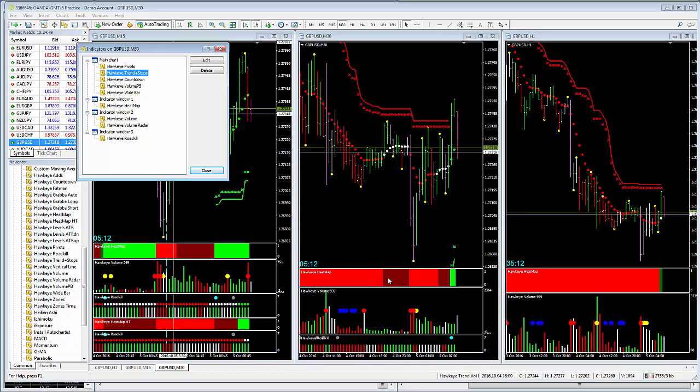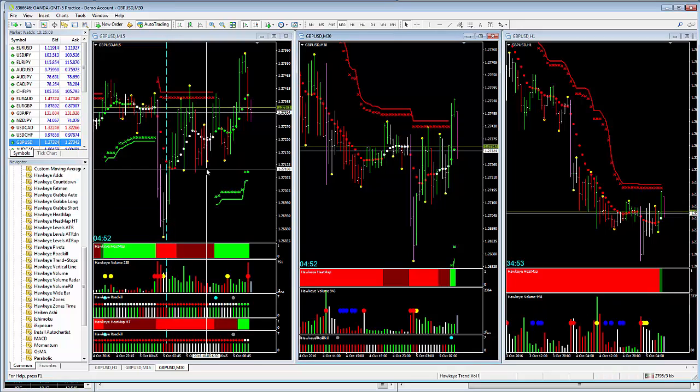That means it's weakening in the overall momentum and direction of that trade. When it returns back to bright red, that means all 3 have come back into alignment. So yes, this is our momentum or our trend strength meter. We call it the heat map. That comes with the trend module, which is part of the standard package.